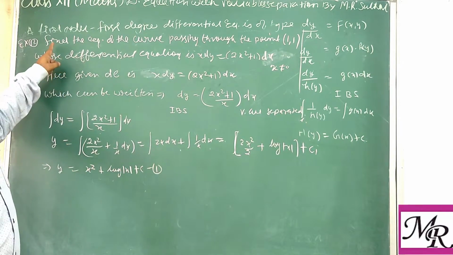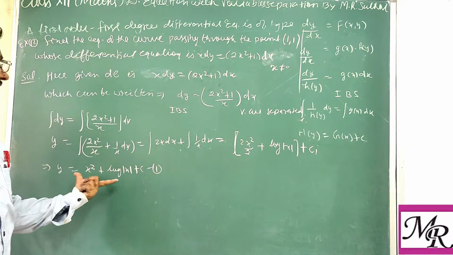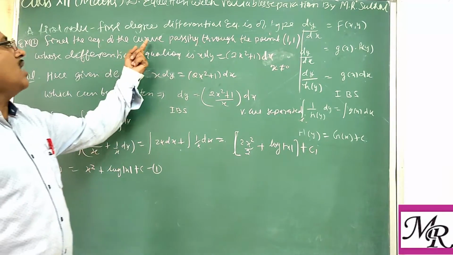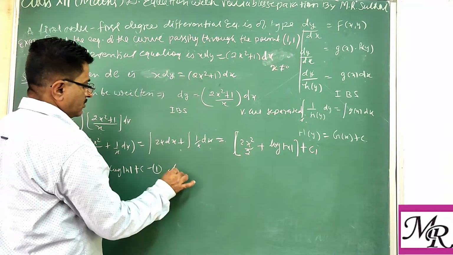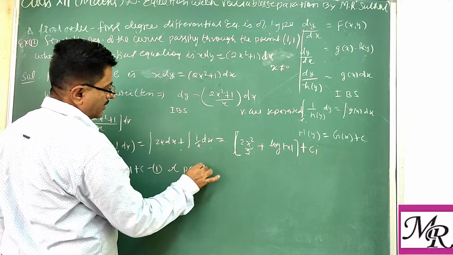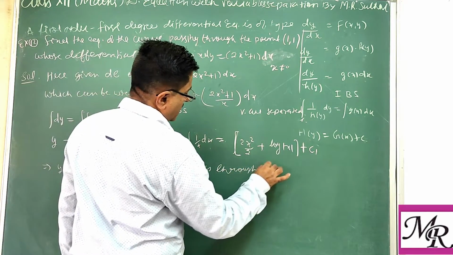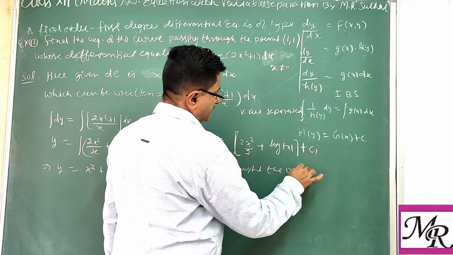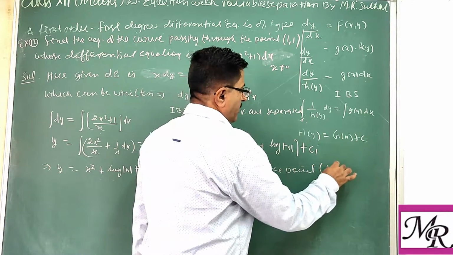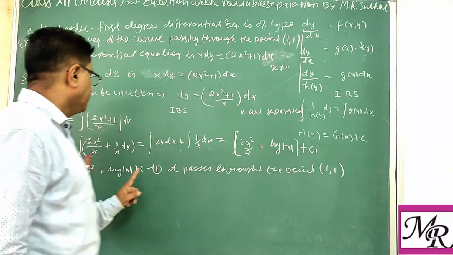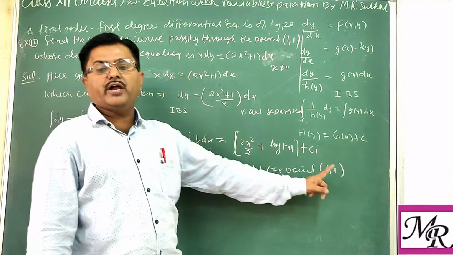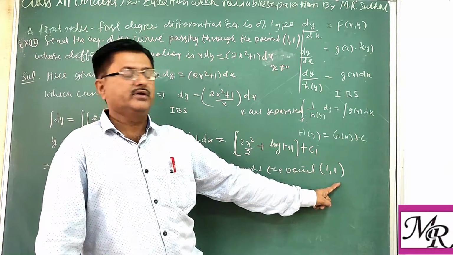Now it says find the equation of the curve. This is the equation of the curve. Now it passes through the point (1, 1), and this should be satisfied by the given point. Clear?